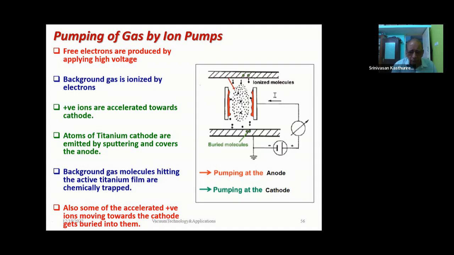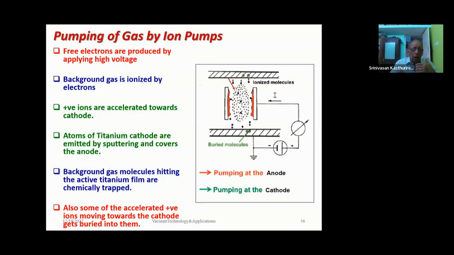Titanium cathodes are present. The anode is the one in the middle, as you can see here. Now, you apply a high voltage and produce free electrons. When the free electrons are produced, they ionize the gas molecules, so the background gas is now ionized by the electrons.